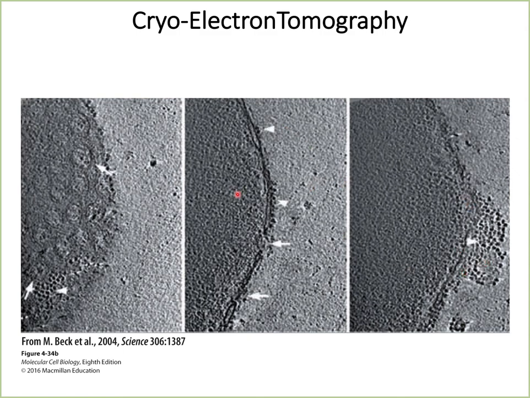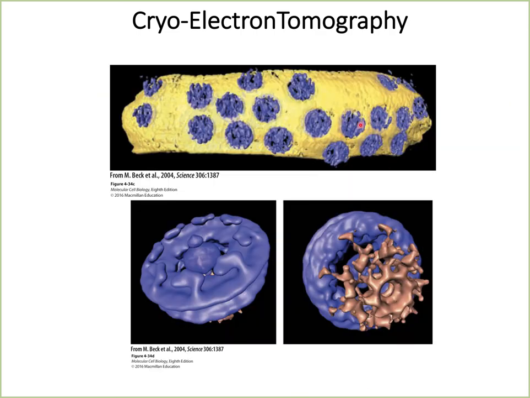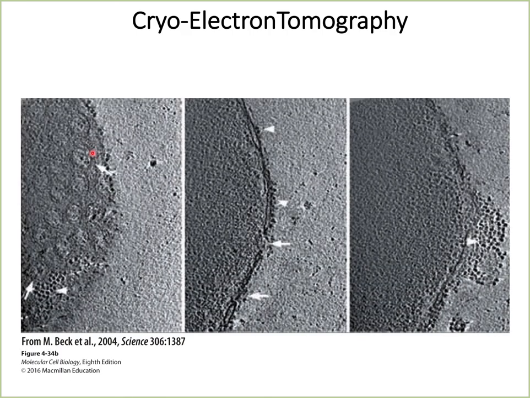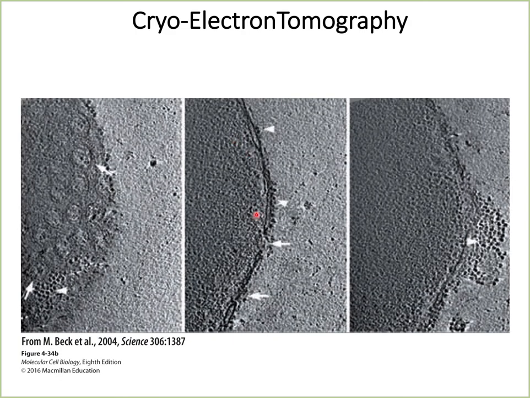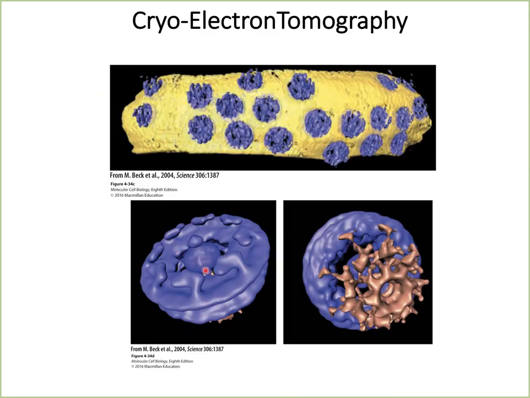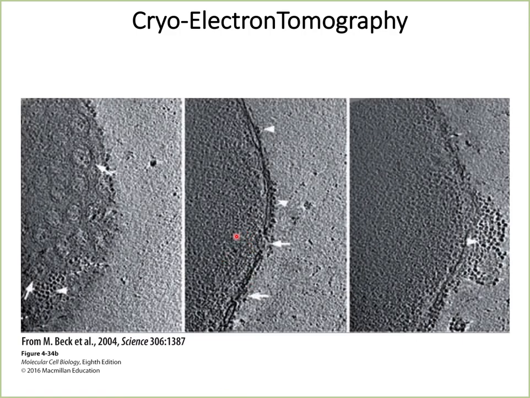There are many different ways that you can collect these pictures. If you reconstruct, this is the reconstruction from the previous picture. From the previous picture, the reconstruction gave you each of these nuclear pores. From the reconstruction of the image from here, it gave you, to some extent, the bottom portion of the nuclear pore, which you can see right here.